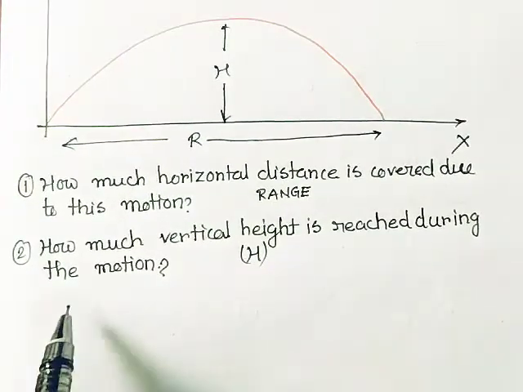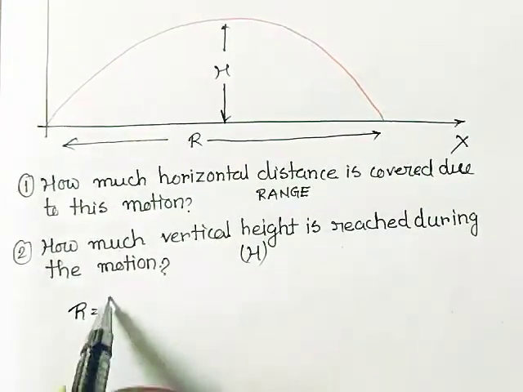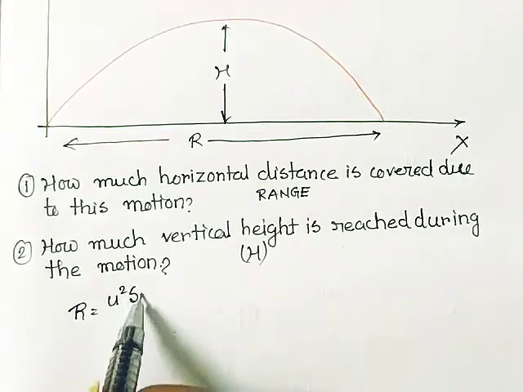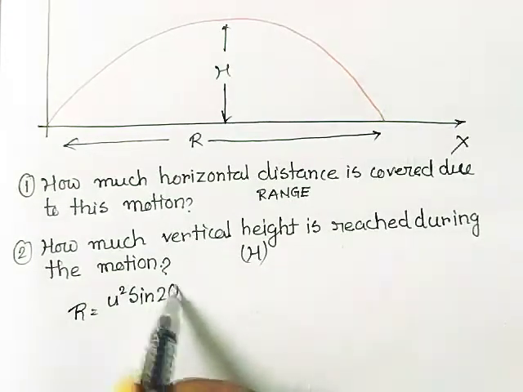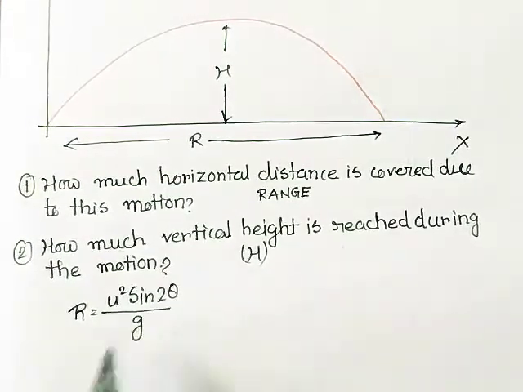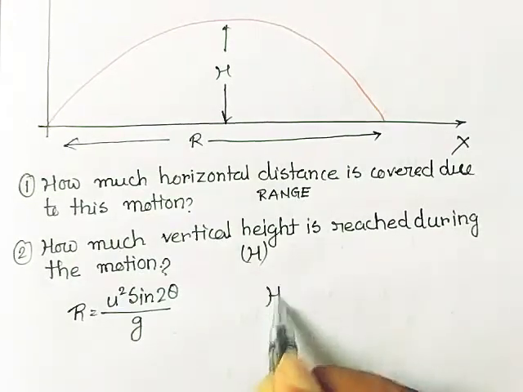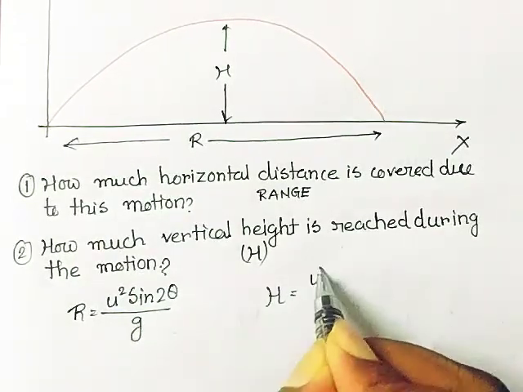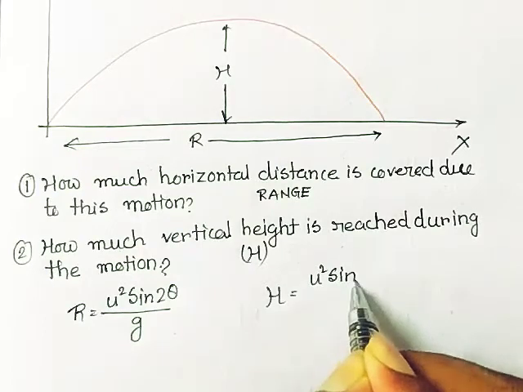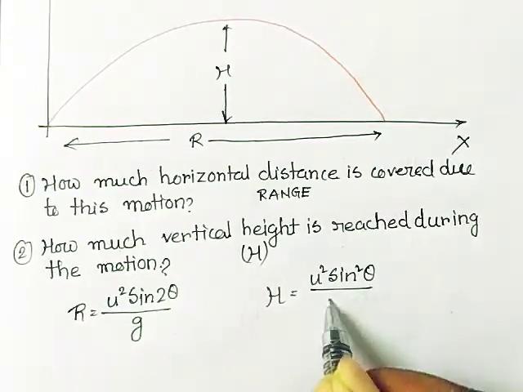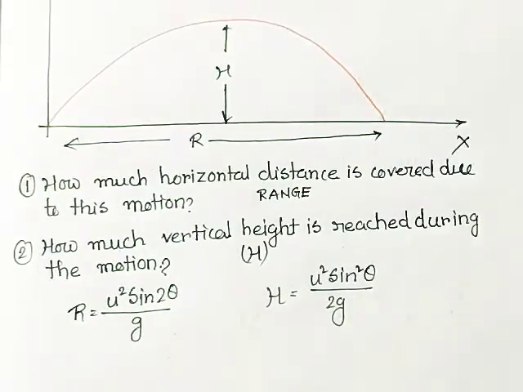Number one, the equation of the range. The range is u square sine 2 theta divided by g, and the height becomes u square sine square theta divided by 2g. Now we try to find out the conditions.